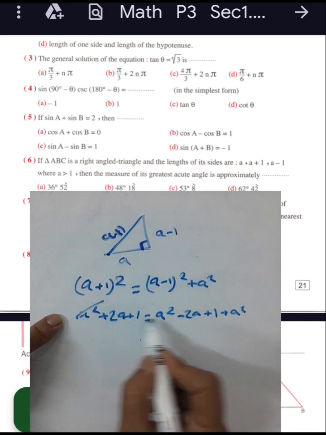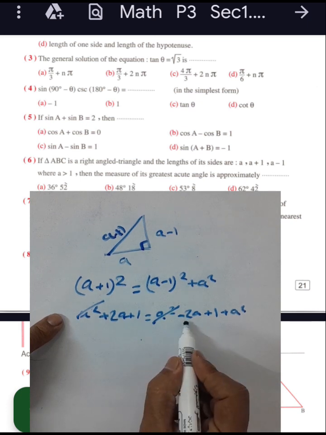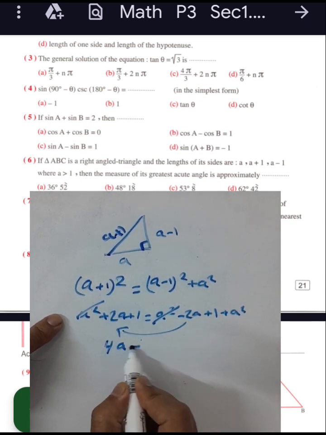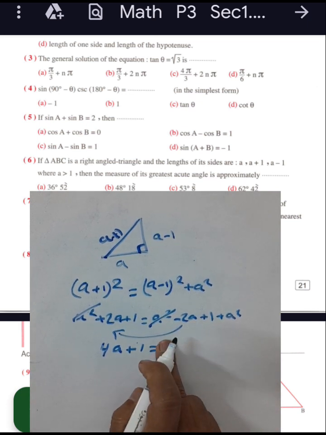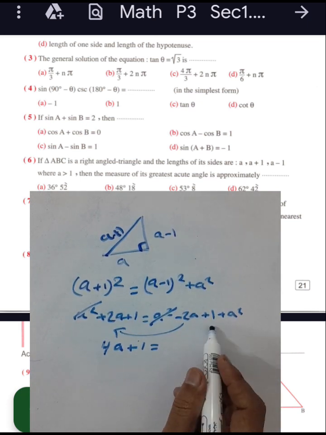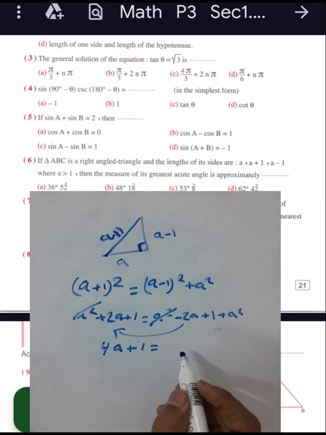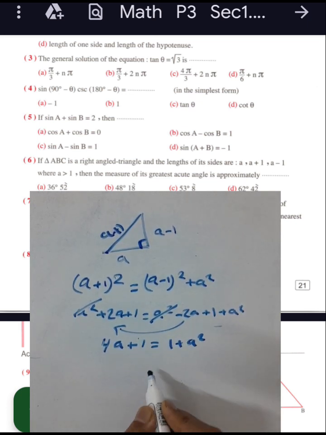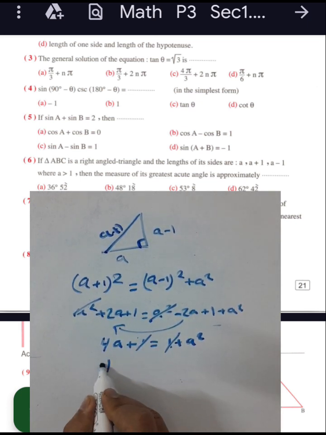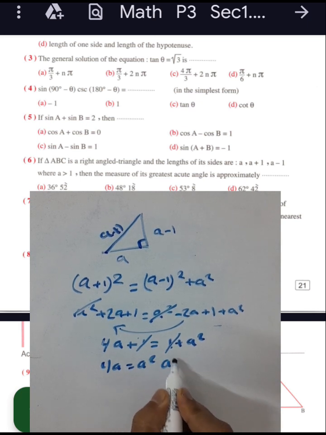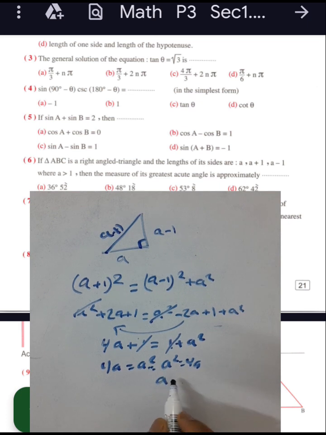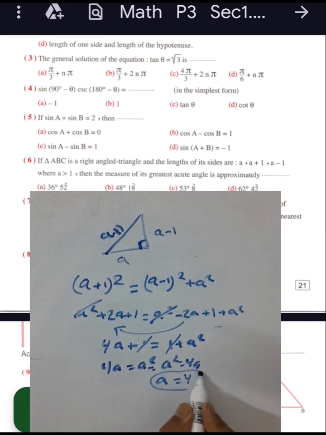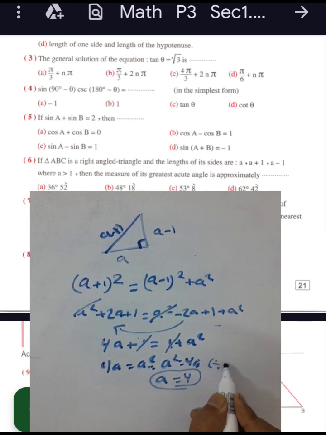A power 2 cancelled by A power 2, moved here, it will be 4A equals A power 2, then 1 cancelled by 1. So A power 2 equals 4A, then A will be equal to 4, not A equal 0, it's impossible.